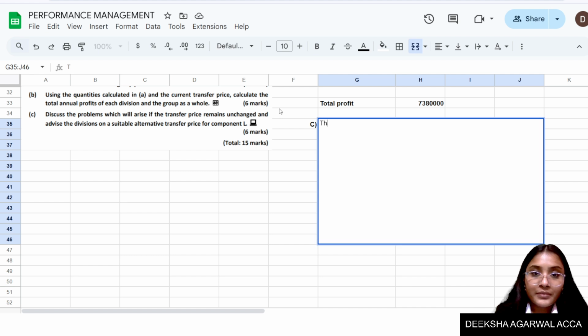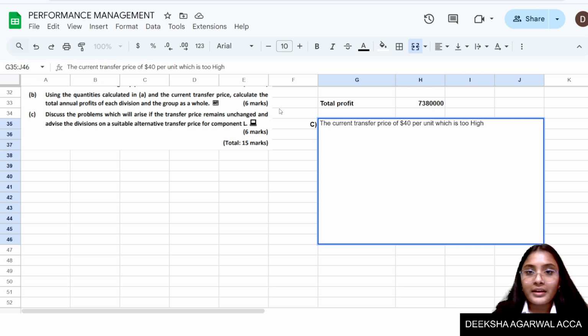Let's write it down. The current transfer price. What is your current transfer price? $40 per unit, which is too high. If you look at it currently, it's too high.